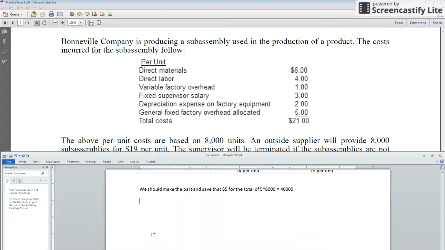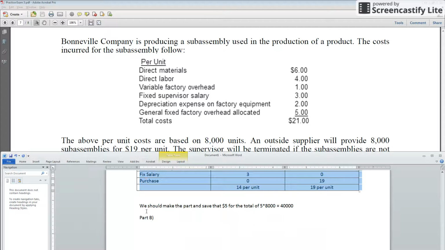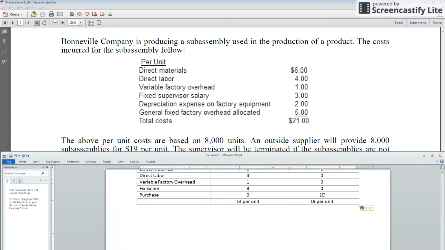In part B, everything stayed the same, except they are saying that we can make $60,000 by reusing the facility. So we have the same table here, except for this part.